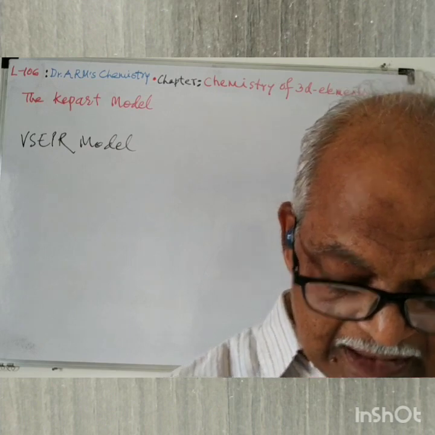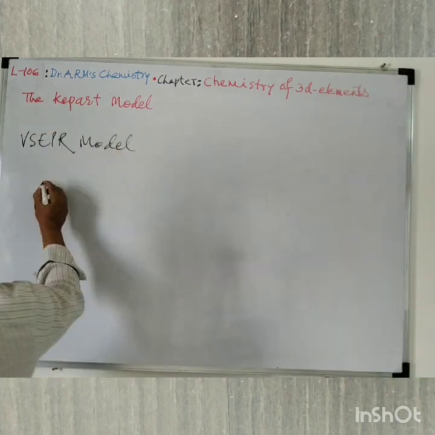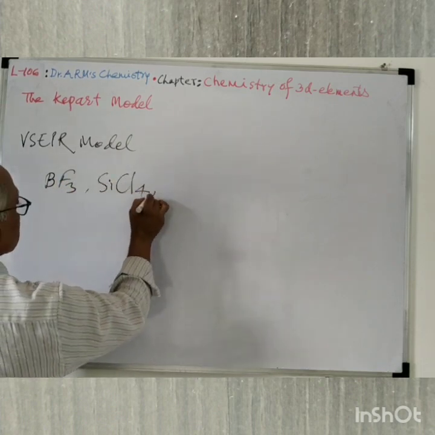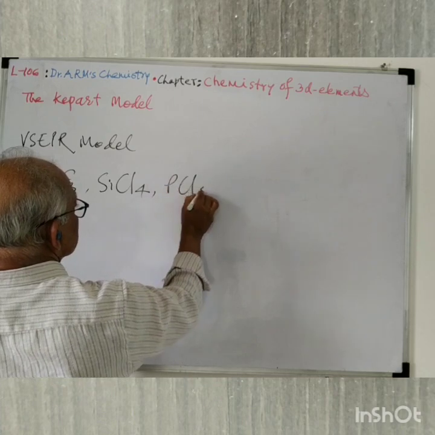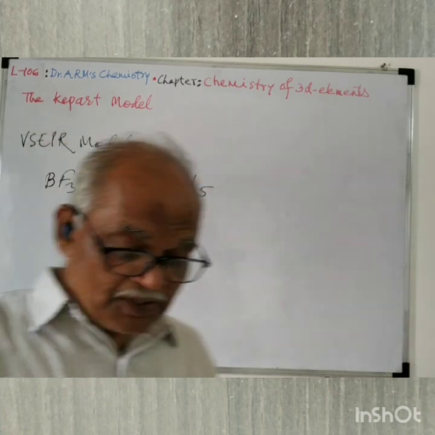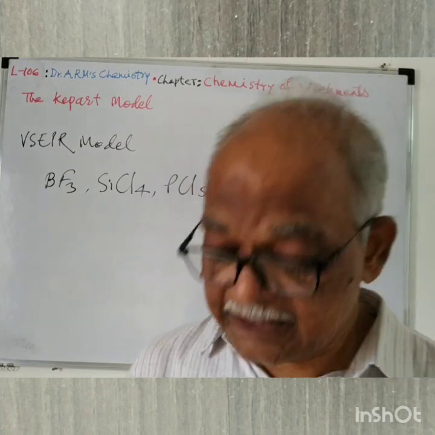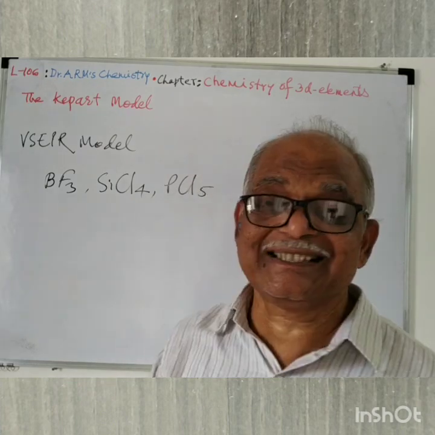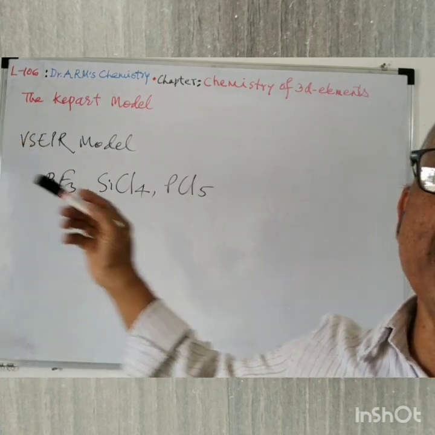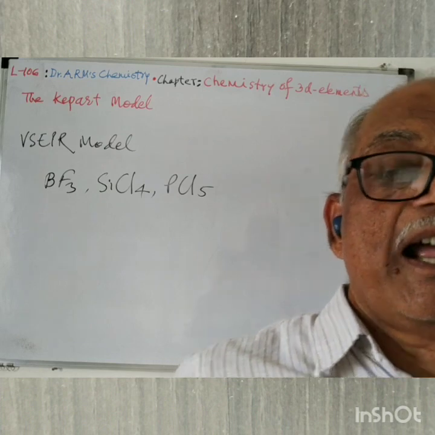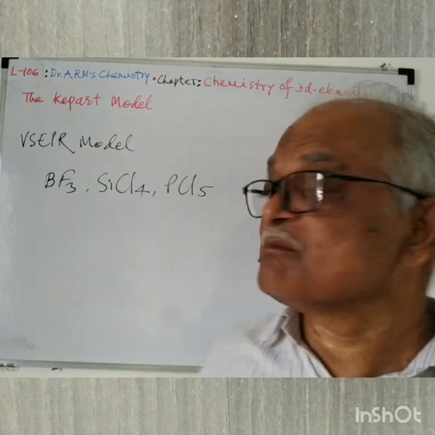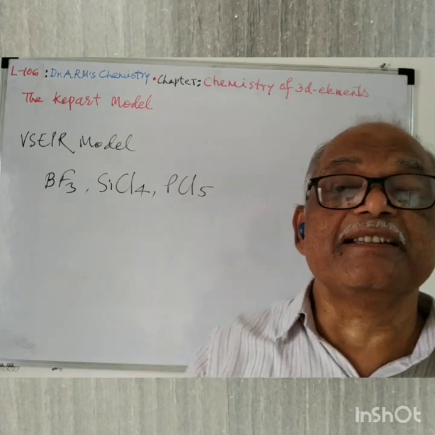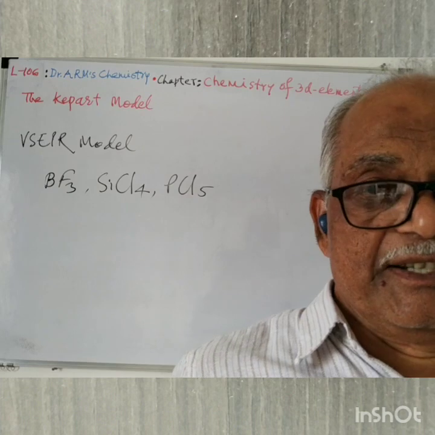For example, if we consider BF3, SiCl4, PCl5 and so on, the central atoms, boron, silicon, phosphorus, etc., show varying electronic structures, and according to the VSEPR model, the structures have different arrangements or geometries.